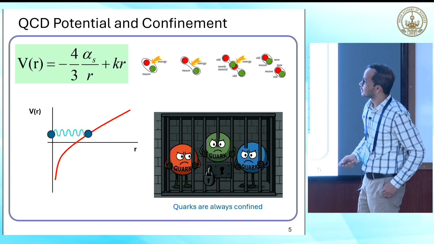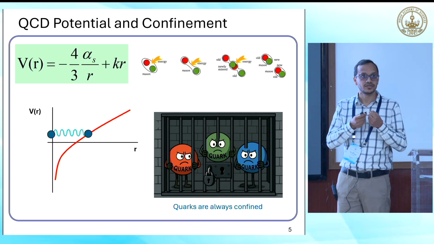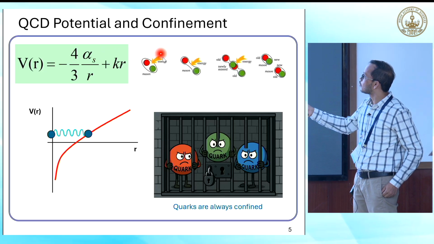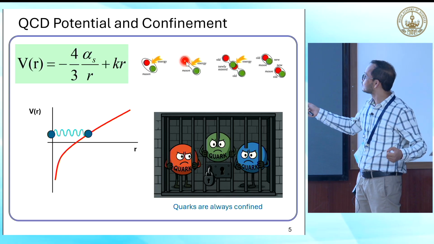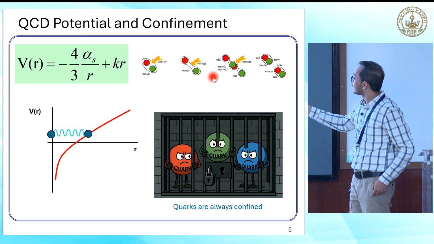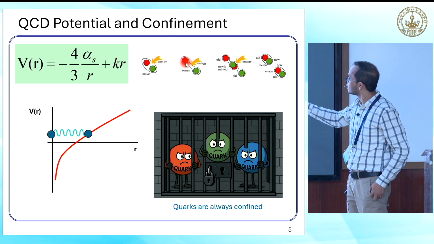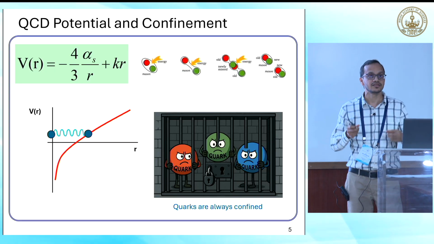Now what happens if you try to separate 2 quarks which are bound within the hadrons, like here, a meson, which is a quark and antiquark pair? By giving energy, if you try to separate them, the energy between these 2 quarks will increase with the increasing distance, and you create a flux tube which contains a lot of energy.